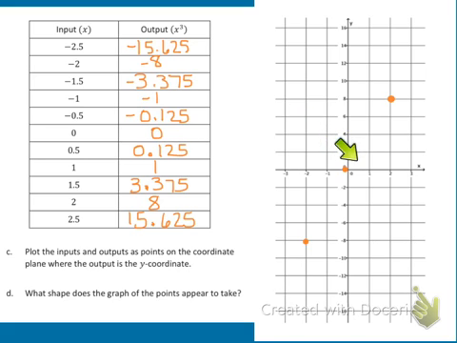Okay, so positive 2 cubed is 8. Negative 2 cubed is negative 8. I like to start with the easy points to plot. So the other easy points to plot are -1, -1, and 1, 1. So let's do that. 1, 1 goes right there. -1, -1 goes right there.